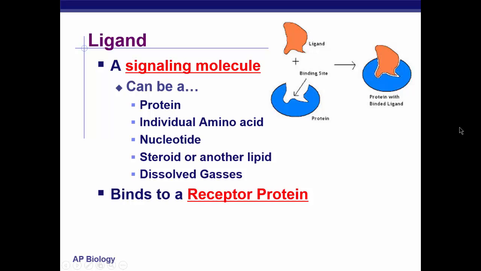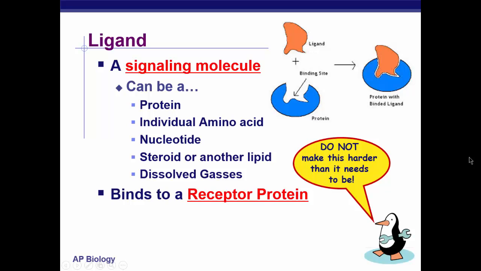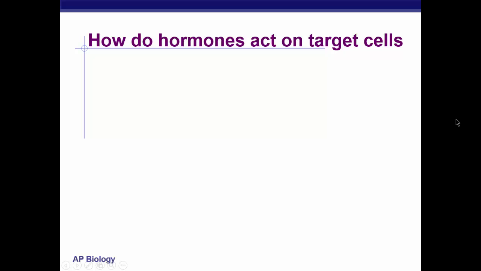Okay, and that receptor protein is important to remember because we don't have any message sent unless we have a signaling molecule, a ligand, and a receptor protein. And don't make it any harder than it needs to be. Okay, signaling molecule is the ligand, the receptor protein is on the receptor cell, and then that will have some sort of action.